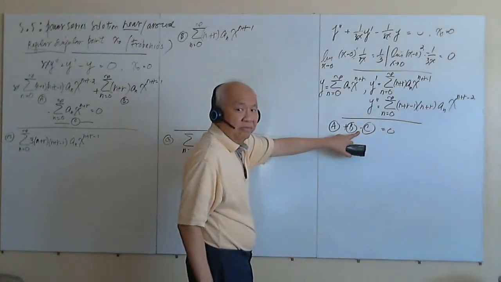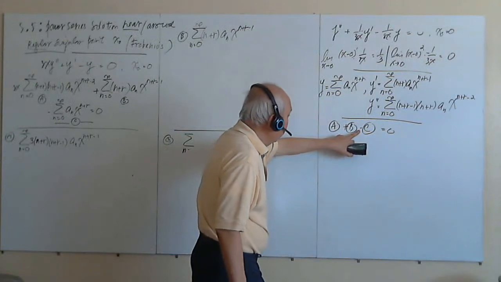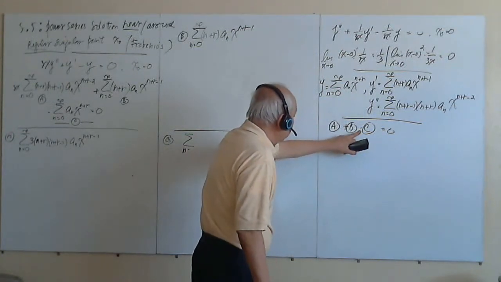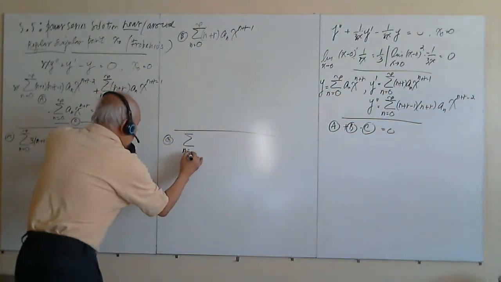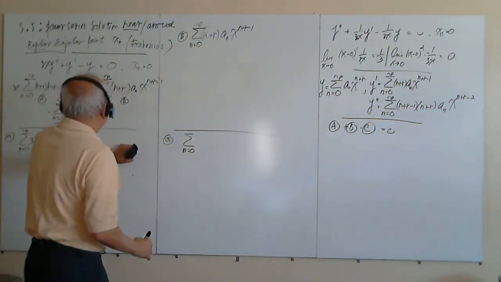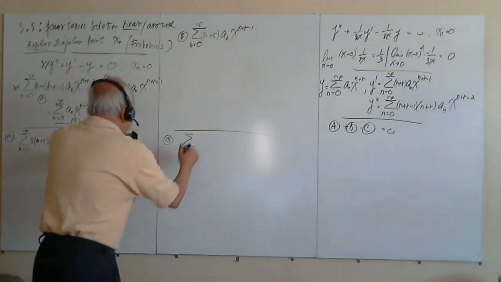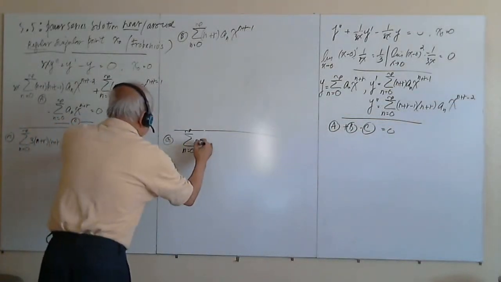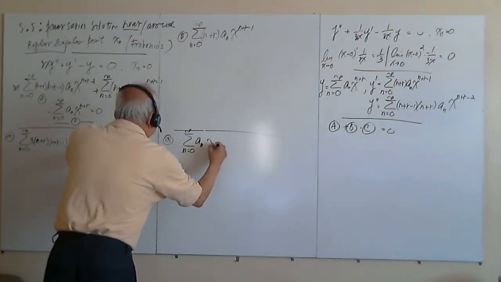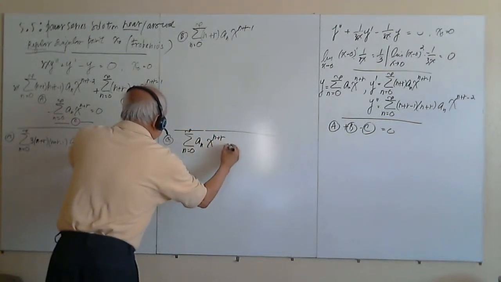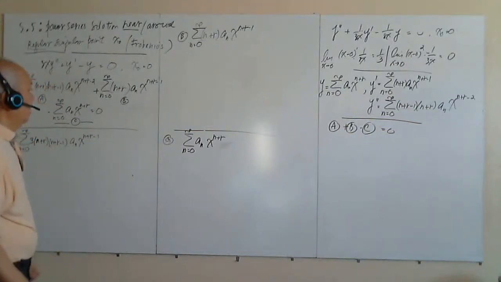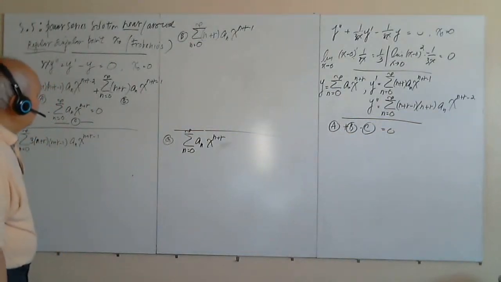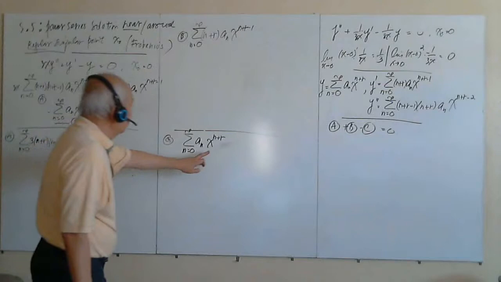Do not forget at the last minute that when you put A, B, C together, this one is negative. So sigma, sum n equal to 0 to infinity, a sub n, x to the n plus r. That's it. First of all, let's focus on n plus r.